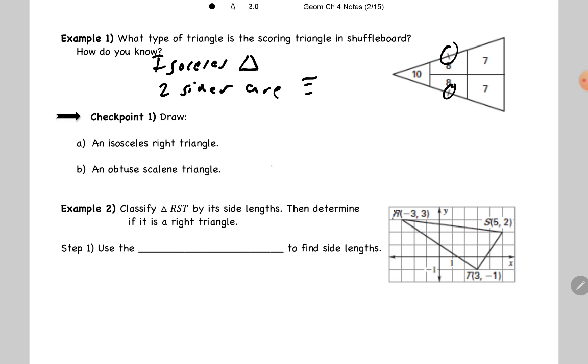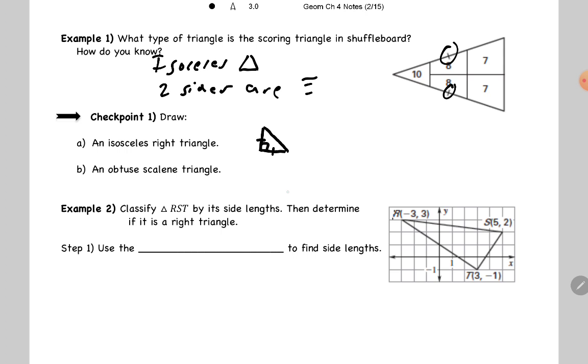So checkpoint 1, draw an isosceles right triangle. An isosceles right triangle would look something like that, where this side is congruent to this side, and then we have a right angle.